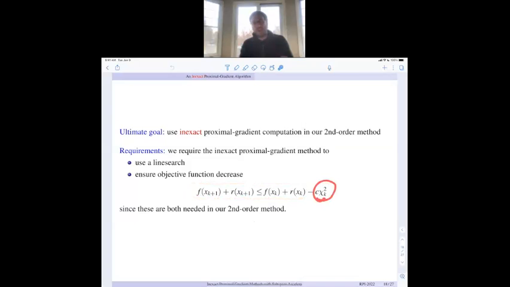If I went back in the talk, you would see that this inequality is the exact same inequality that we were able to prove for our second derivative method based on the exact proximal gradient step. So the goal, when we reinvestigated these inexact proximal gradient steps, was to prove an inequality like this for the inexact ones, because we knew that we could then integrate this inexact computation into our second derivative methods.